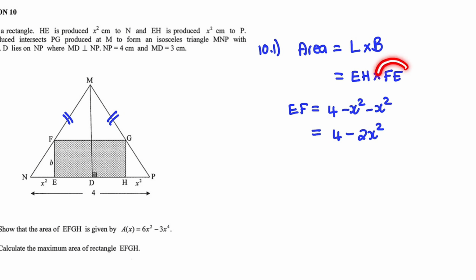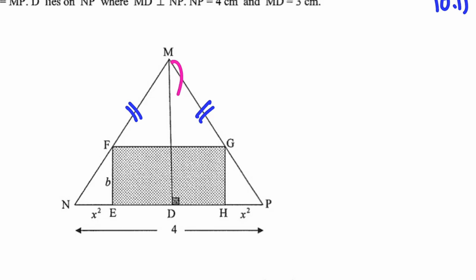Next, we need to find FE in terms of x. We are given that in this triangle the perpendicular height is equal to 3, and we know that this is a rectangle. So that means that the line FG is parallel to the line NP. We also know that the rectangle has 90 degrees here, so therefore the line FE is parallel to GH, but that also makes it parallel to MD.